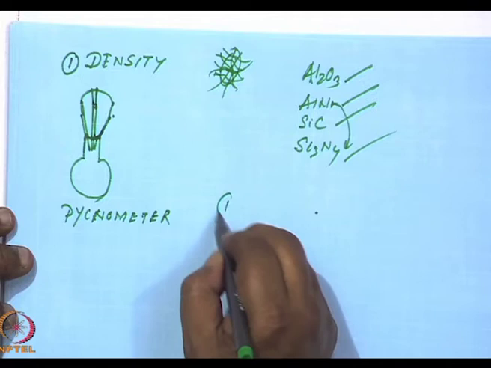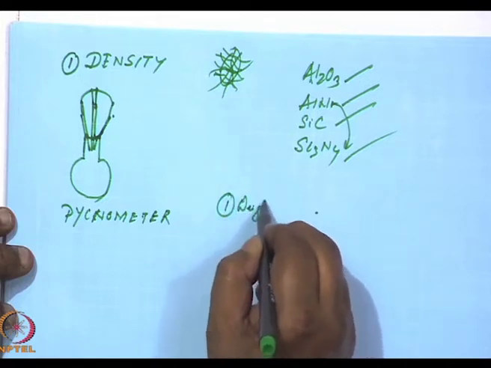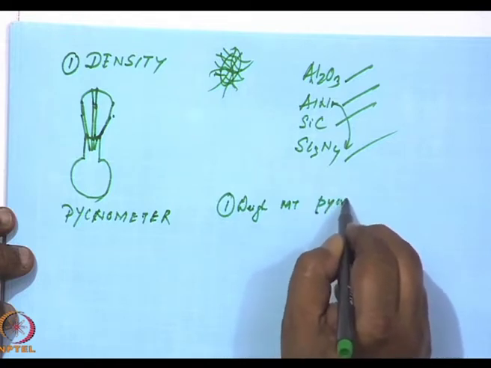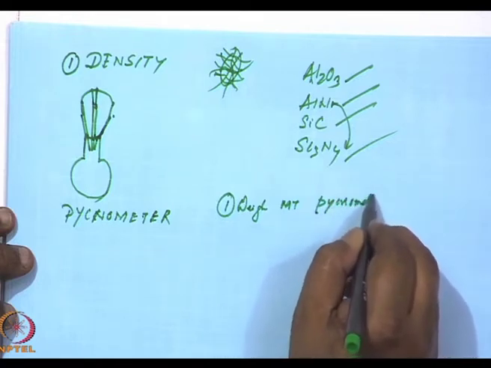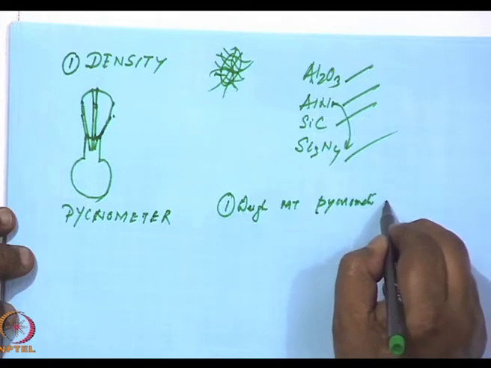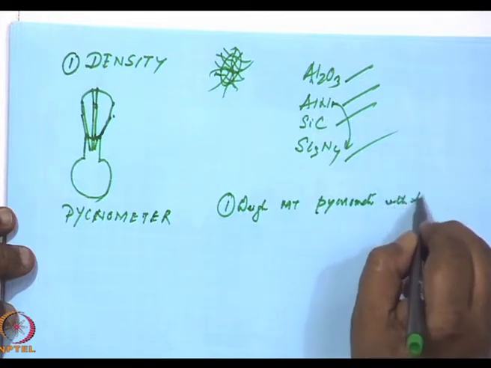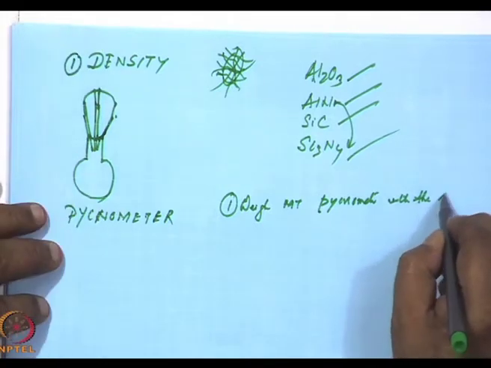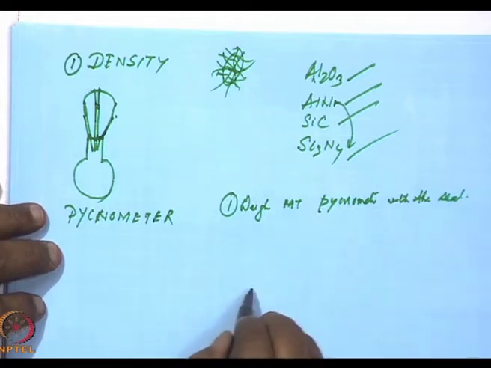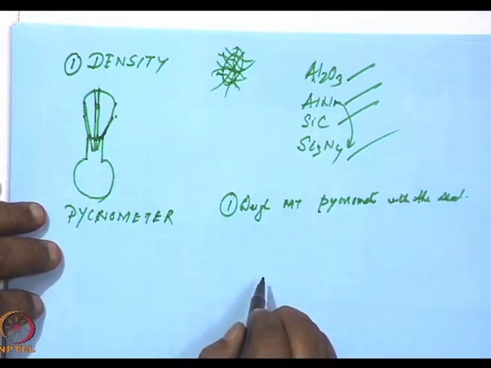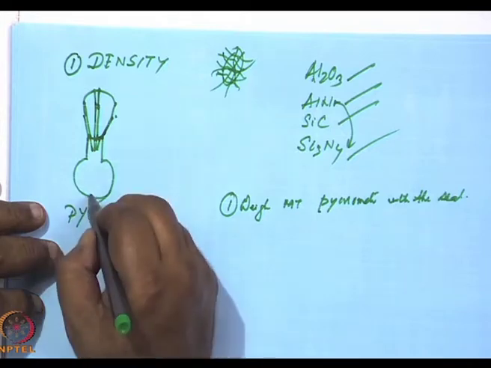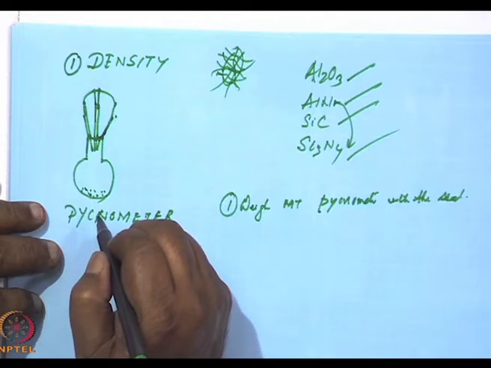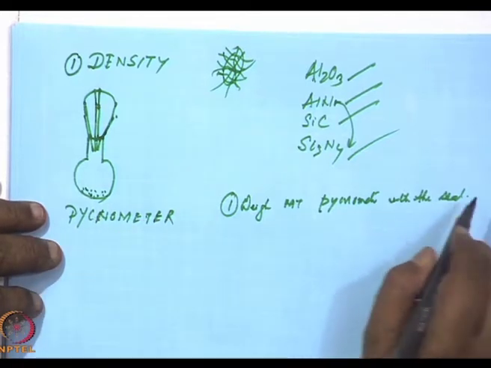First, weigh the empty pycnometer with the seal. Then fill it up with some of your ceramic particles and weigh the pycnometer.